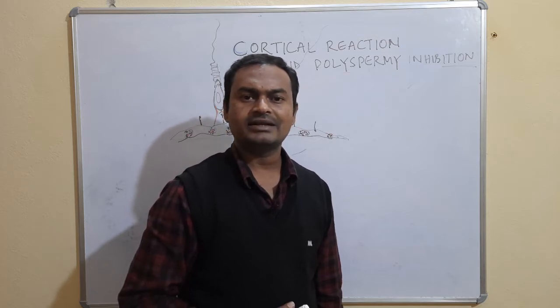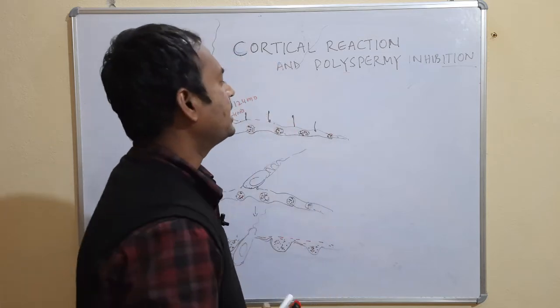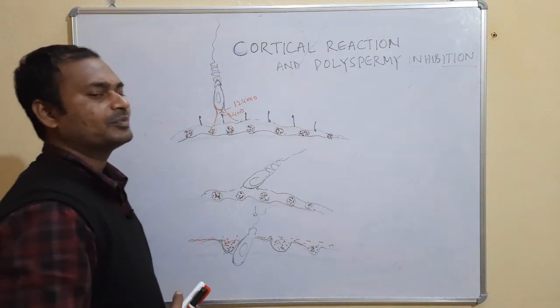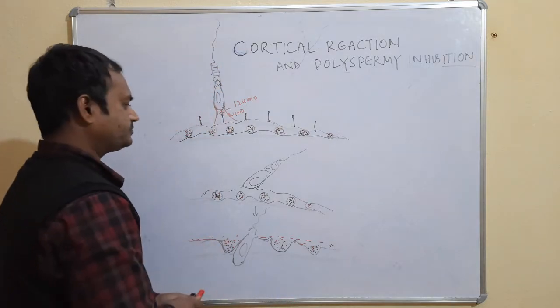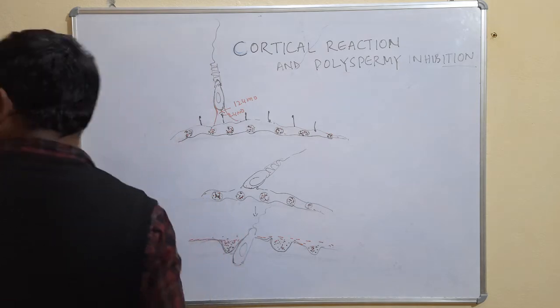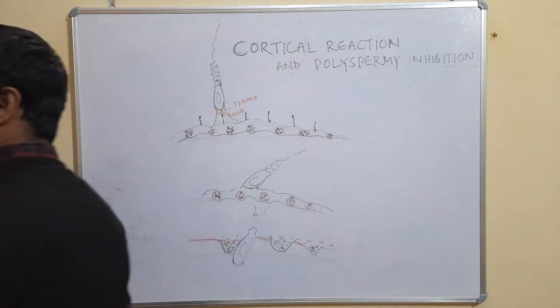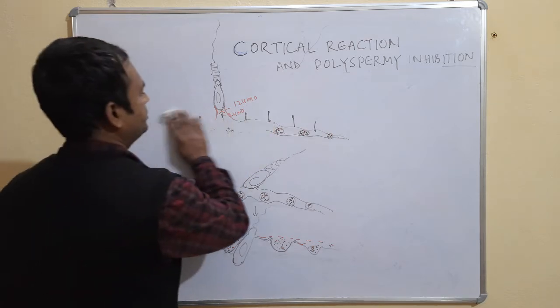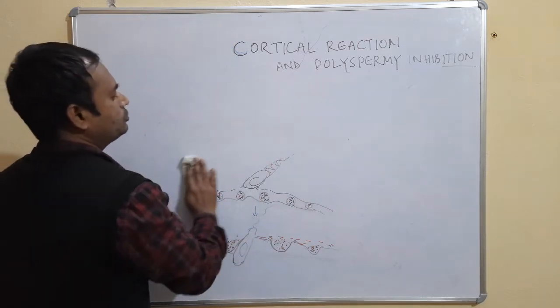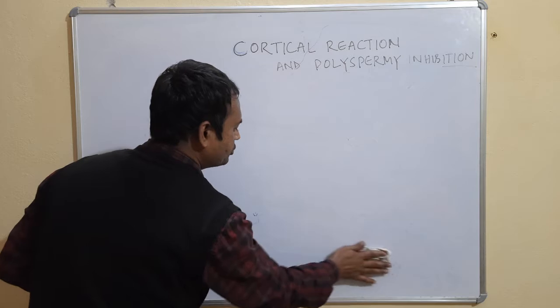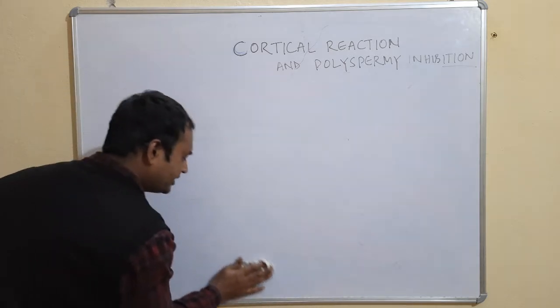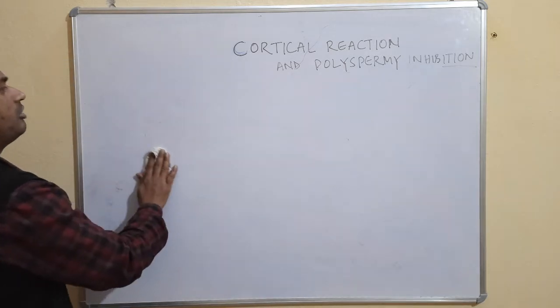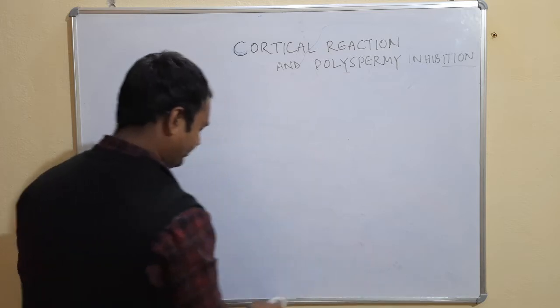So let us understand the topic called polyspermy inhibition. Polyspermy inhibition can be performed in various steps. Today we will try to understand even the latest concepts of polyspermy inhibition.